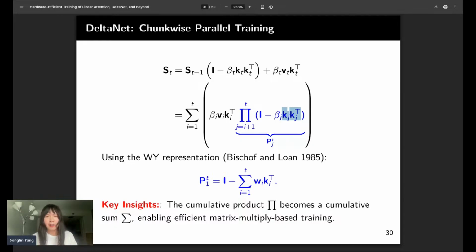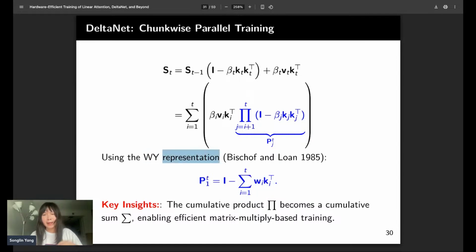And in this work, we leverage a classical algorithm called the WY representation to compute the cumulative product of this Householder-like matrix in a hardware-efficient manner. A well-known theory is that we can rewrite this cumulative product as a cumulative sum using this WY representation.